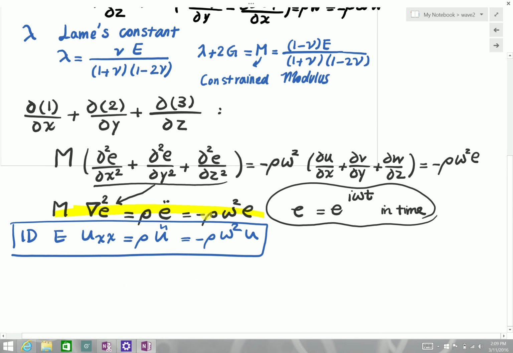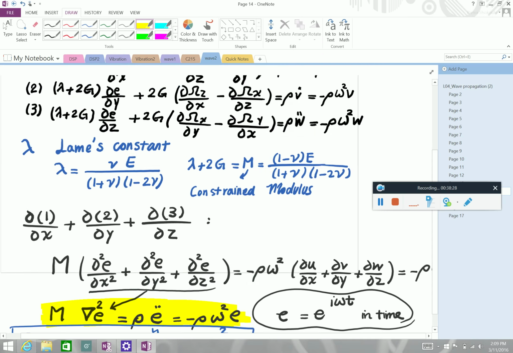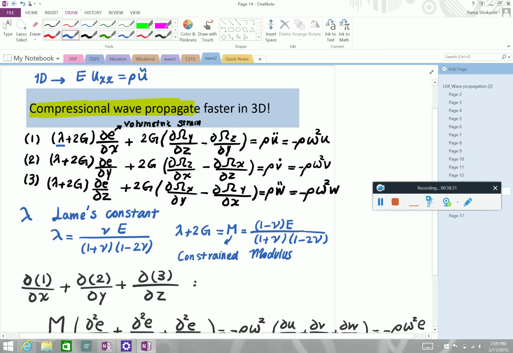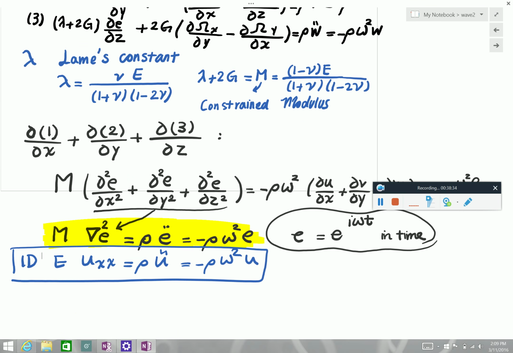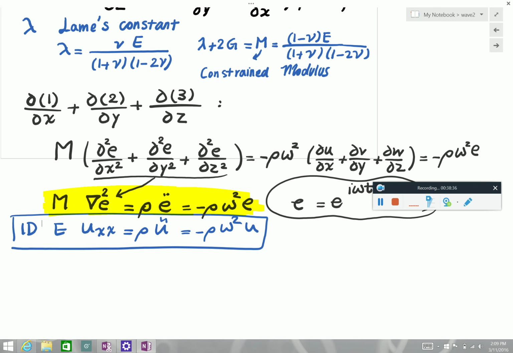So this equation, as you can see, involves the volumetric strain, and the solution basically describes the propagation of compressional waves. Very similar to what we said in the one-dimensional case, that E over rho had some meaning.